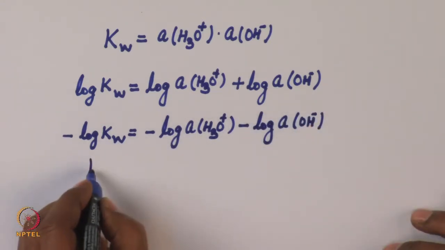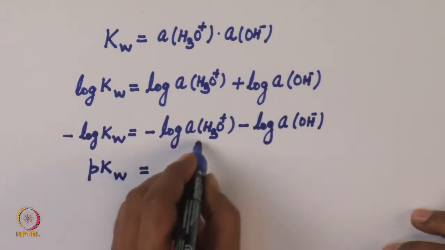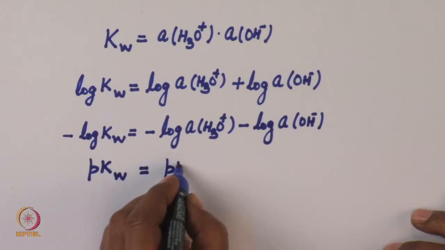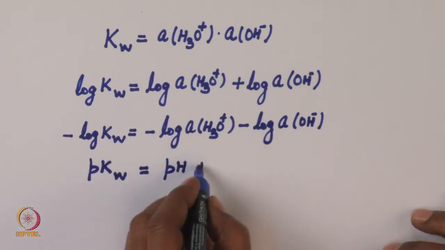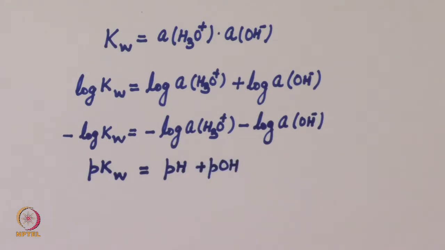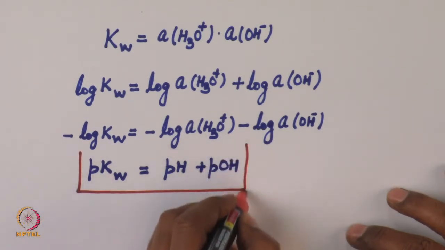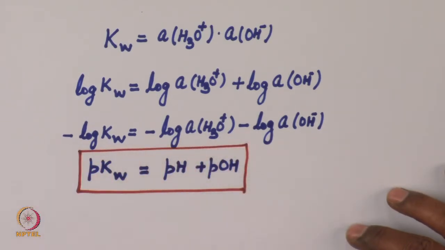This is pKw, this is equal to pH and this is equal to pOH. So, you see we develop a very important relation, pKw is equal to pH plus pOH.